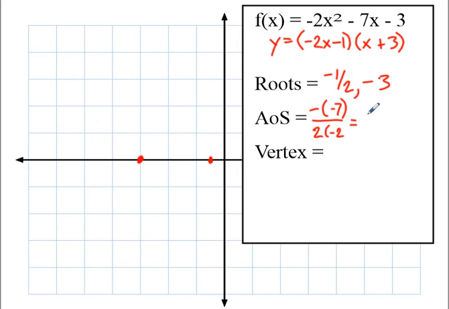This gives me a positive 7 over a negative 4, which is negative 1.75. So approximately, here's negative 1, here's negative 1/2, so negative 1.75 would be about right there.